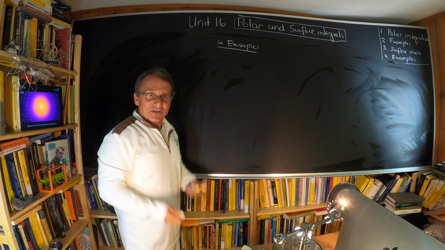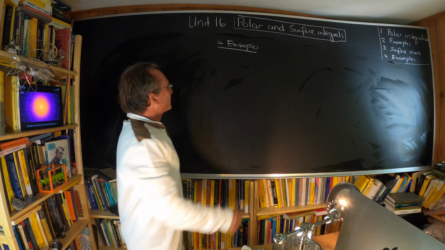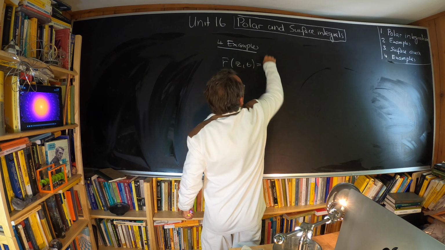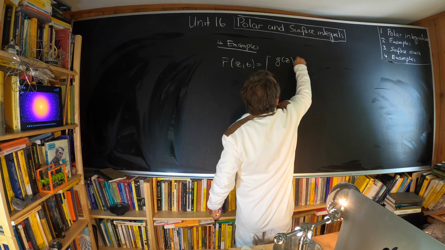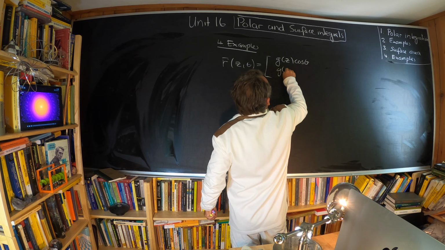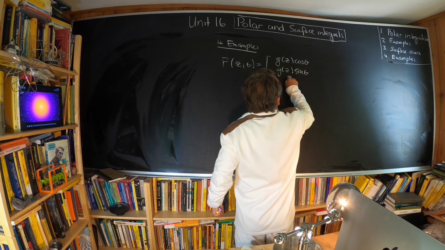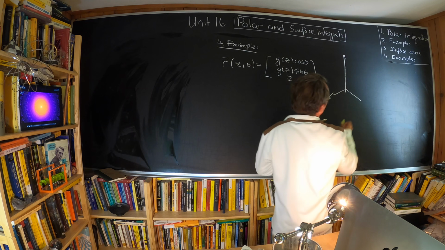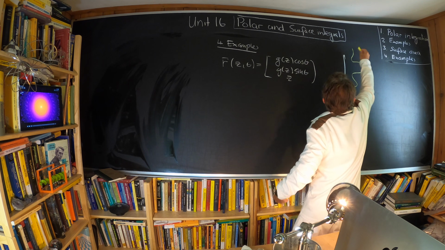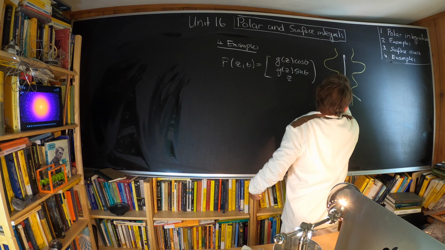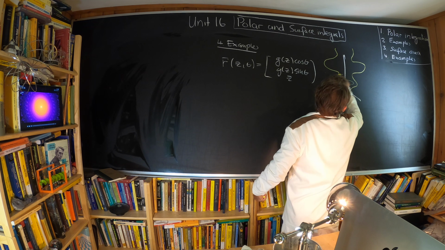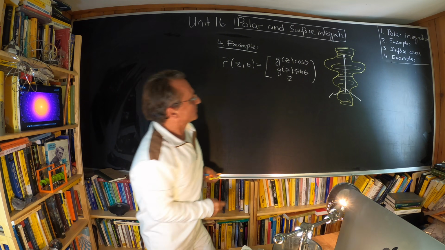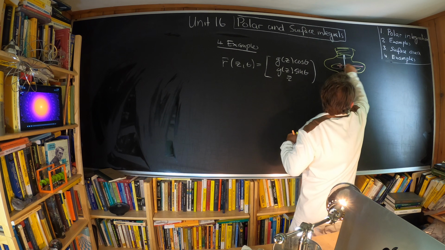Remember surfaces of revolution. So we have r, z and theta. That was g of z cosine theta, g of z sine theta, and z. That gave us these nice surfaces of revolution where the radius depends on z.